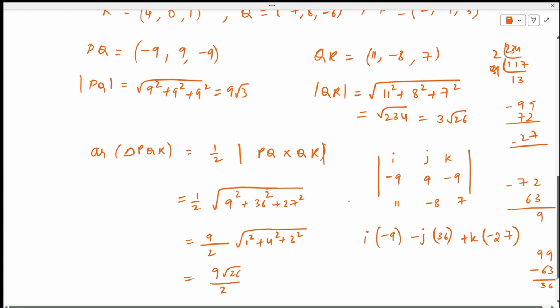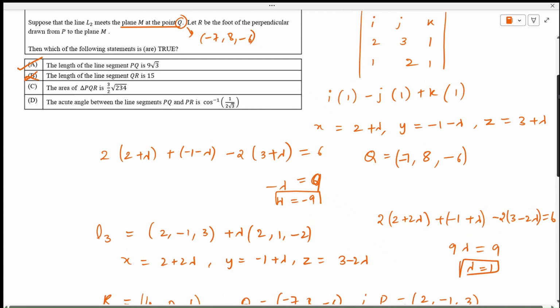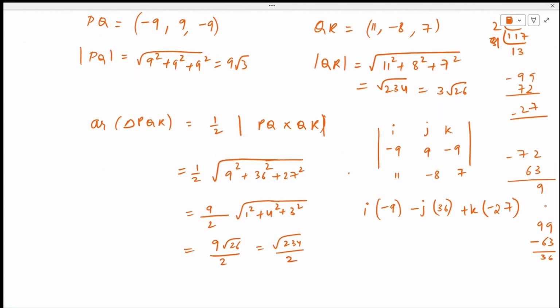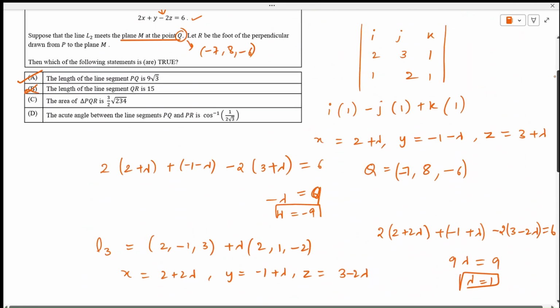Or we can write this as, if we send 3 inside, root 234 upon 2. So that is the area. And there will be a 3, right? Yes. So we'll get 3 root 234 by 2. So option C is also correct.